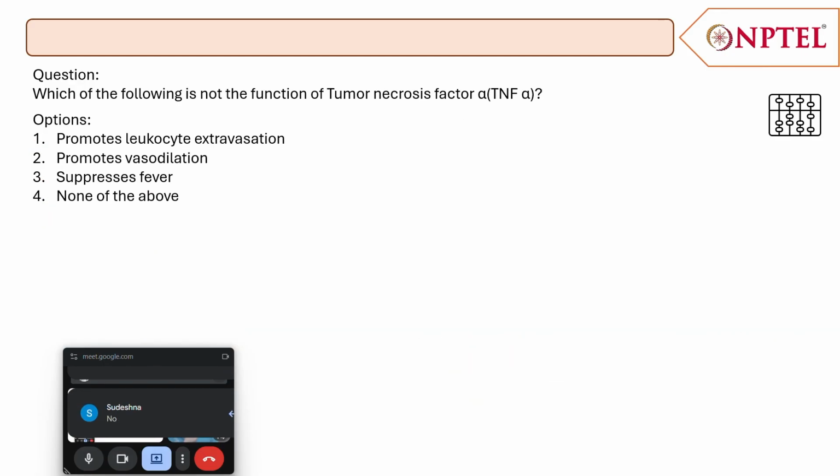Okay, so let's move on to the next question. Which of the following is not the function of TNF alpha?